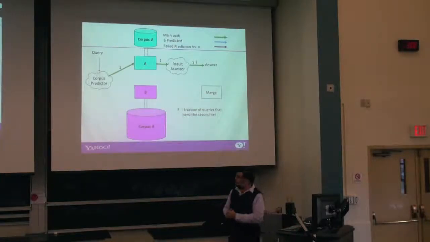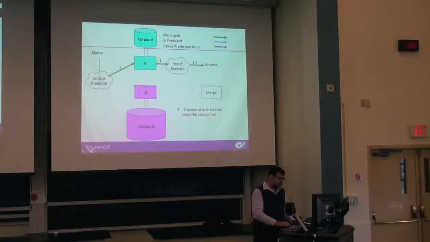And this is the generic scheme. So basically we have 2 indices. Could be fast and small, slow and big in a centralized architecture, or could be local and fast, remote and slow in a distributed architecture. So this is the same scheme for 2 different architectures.